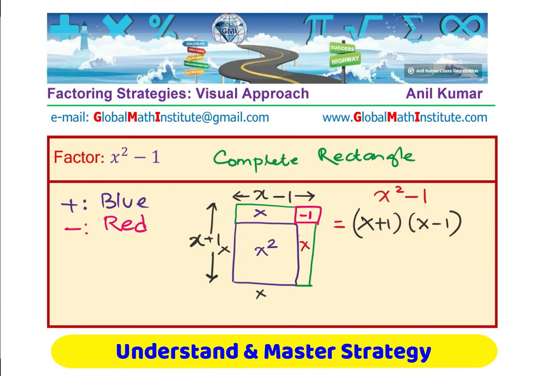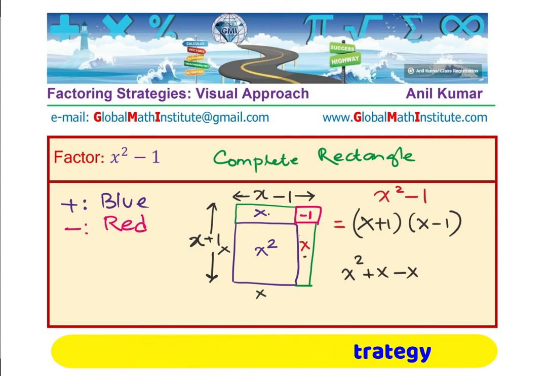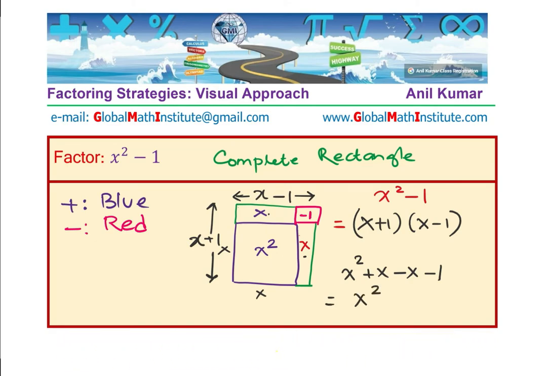What we have here is 1 x squared, and this x is positive. Then we have a negative x, and we have a negative 1. And if you add, you really get x squared minus 1 as the area, since plus x and minus x cancels. Do you see that?